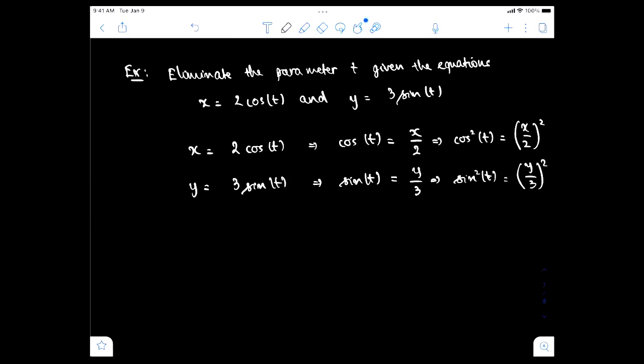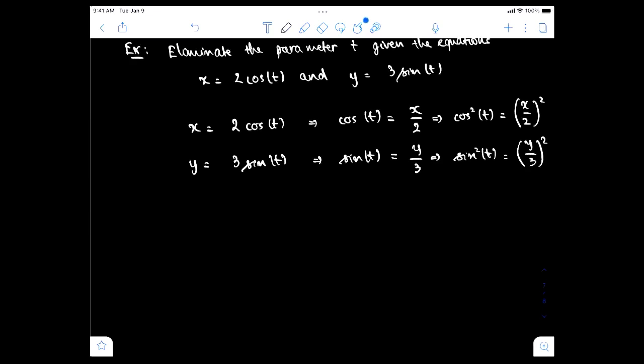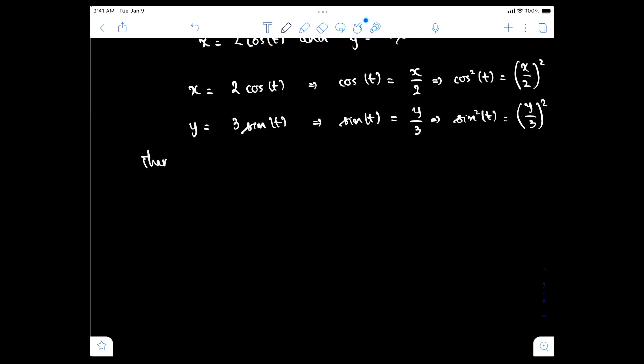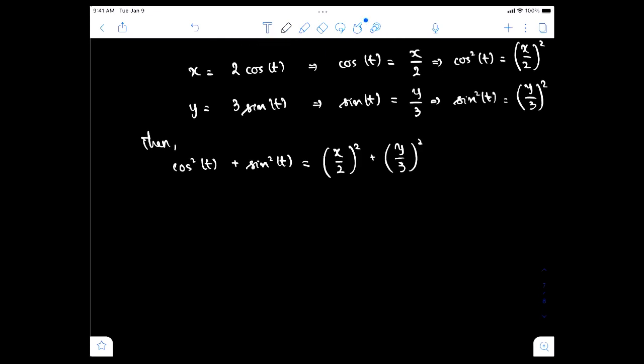Then I will add these two equations together. So cosine squared of t plus sine squared of t equal to x over 2 squared plus y over 3 squared. And this is the trigonometric identity, which leads us to 1. You get 1 equal to x over 2 squared plus y over 3 squared.